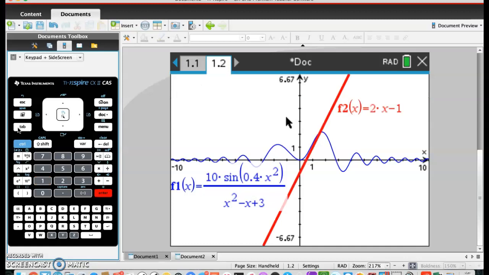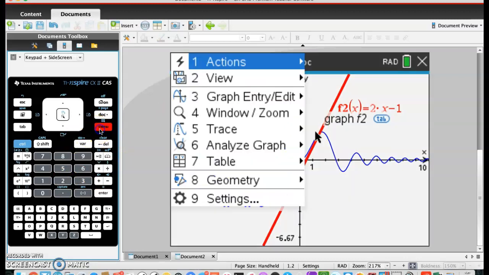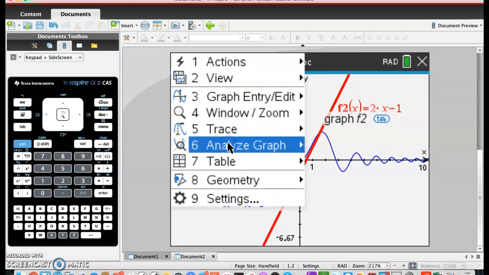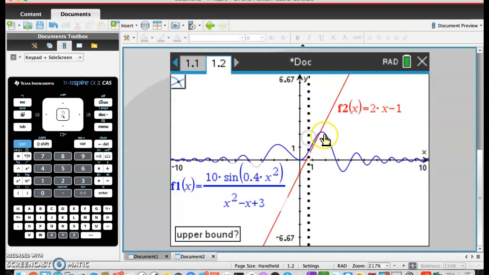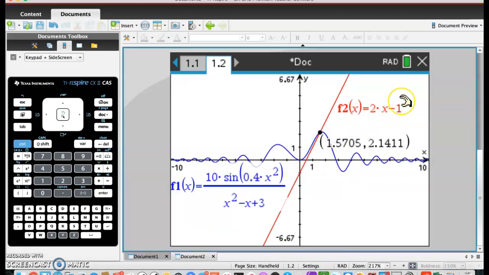Those two graphs are going to intersect at some point. It looks like right here. I'm going to find where they're the same: menu, analyze graph, intersection, go before it, after it.